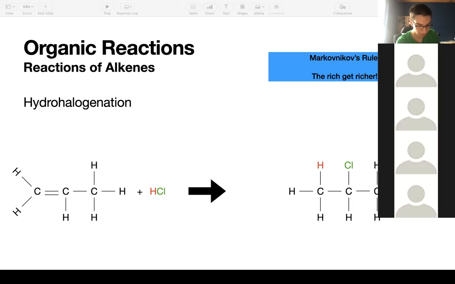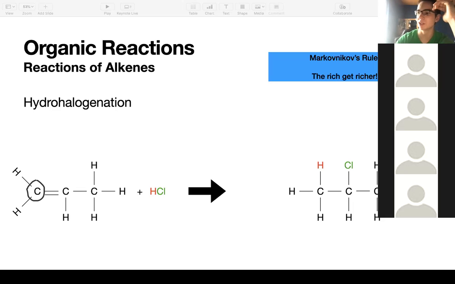There's a ton of words there, but I'll simplify it by the rich get richer. What do I mean by that? We're going to pay attention to the hydrogens. Let's look at this carbon structure on the right. Of course, since we're dealing with an alkene, we know we're going to be dealing with a double bond. Let's look at this carbon right here.